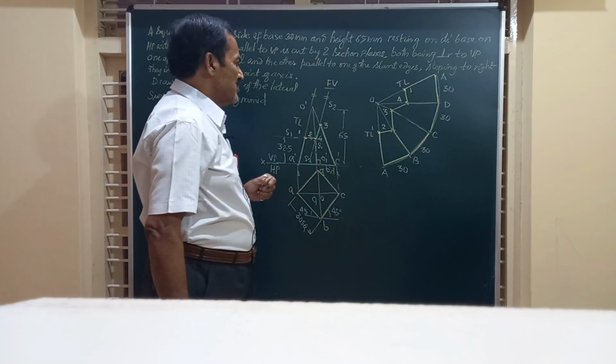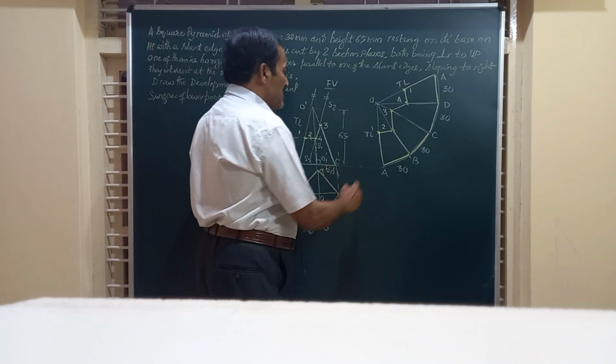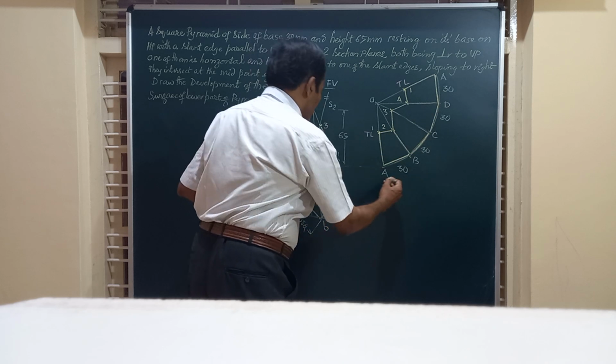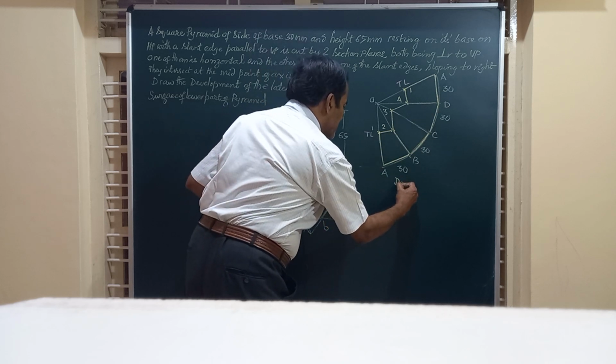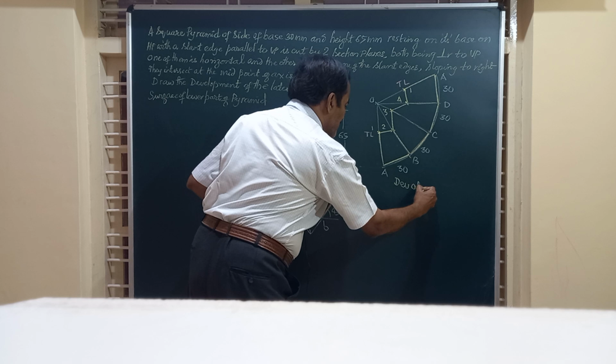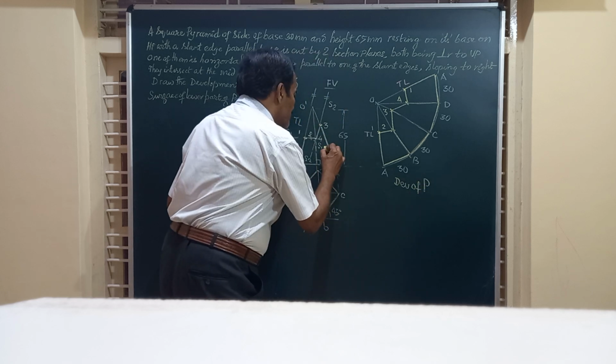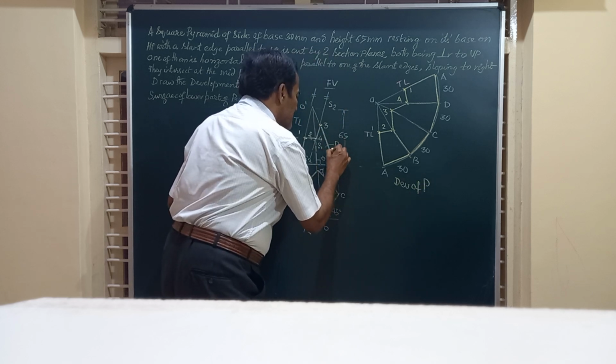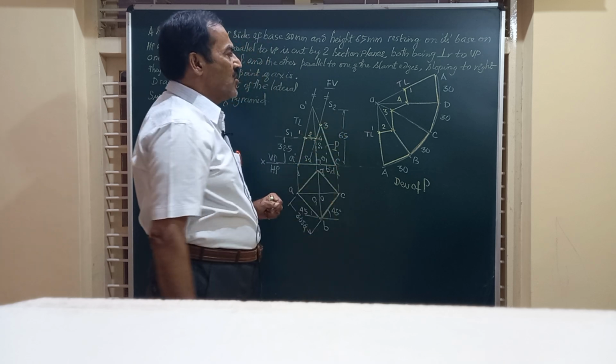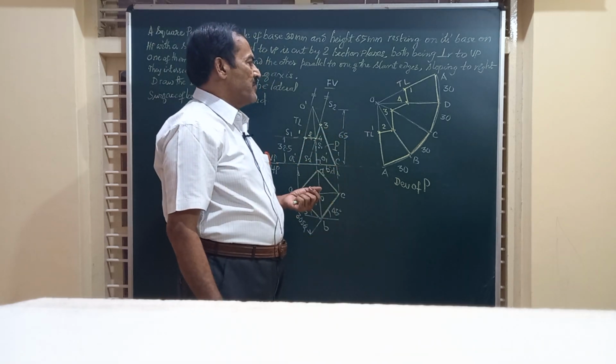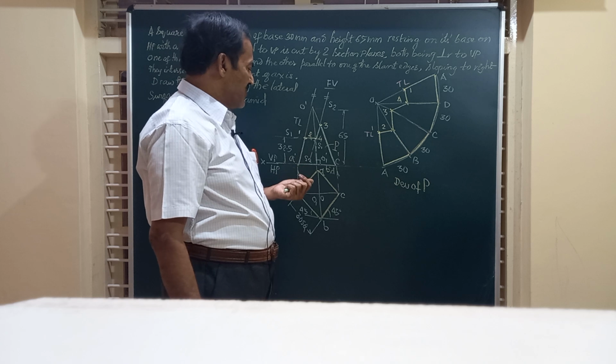Friends, if you observe in the development, this total thing will give you the development of P, the portion below this cutting plane is the part P. And this is how we obtain the development of the square pyramid.